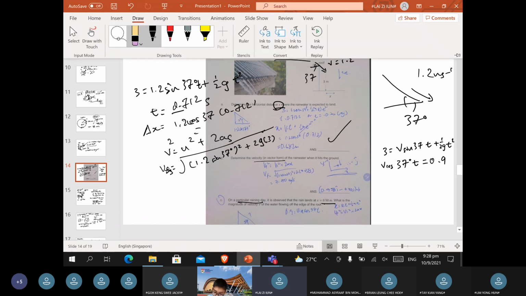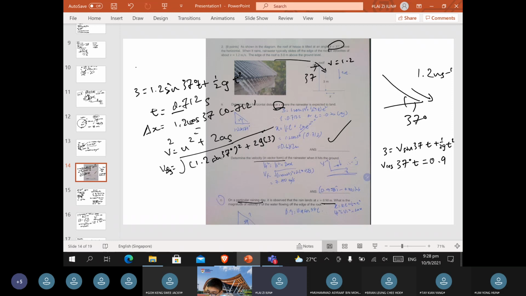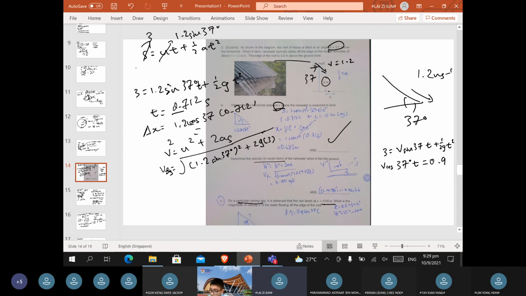So for this, we just have to find the time it takes for the rain to move from the roof till it hits the ground. Okay, so if we do that, we need to use this equation, ut plus half at squared, where s is 3, because we are told that the roof is 3 meters above the ground. u is given as 1.2 sine 37, so that's our vertical component of the velocity as it slides off the roof, and the acceleration term is half g t squared.